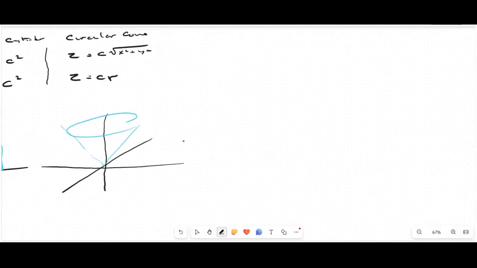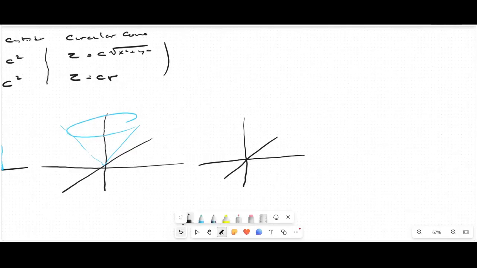And let me just get through two more. I'll just try to do them quickly. Let's go with this guy. Sphere. That's a little oblong, but just go quickly through this. X squared plus Y squared plus Z squared equals C squared is a sphere in Euclidean coordinates.